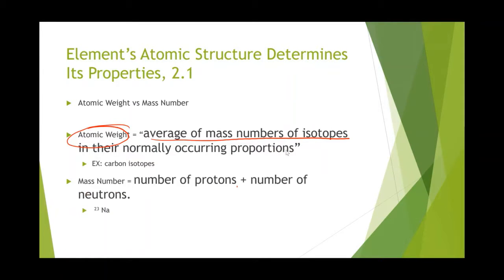The next thing I was going to say was this mass number. Mass number, you do not find this. Typically, you will not find this on the periodic table. What I mean is that if you have, let's say, carbon-13, right? This is carbon-13, okay? You're not going to find 13 as the mass number on the periodic table. Why?